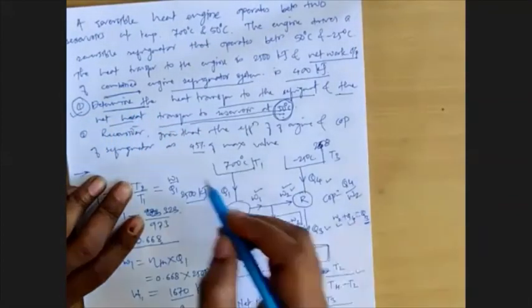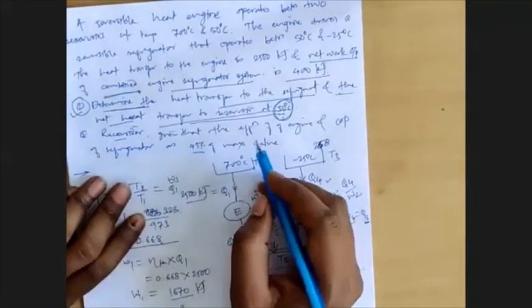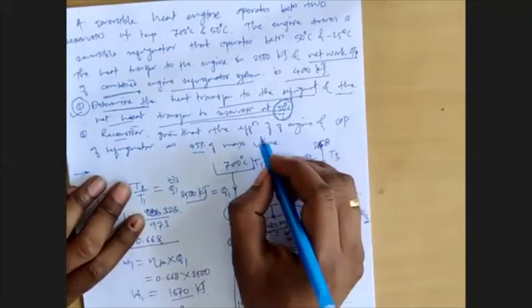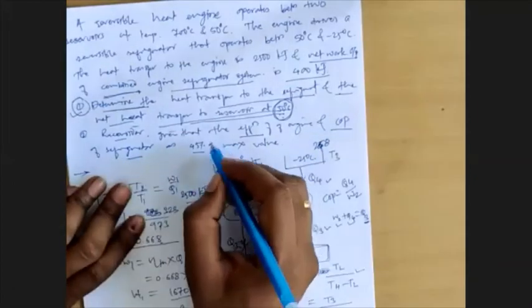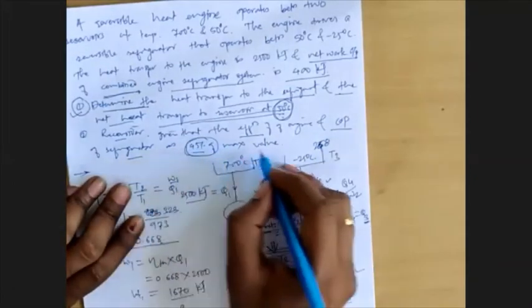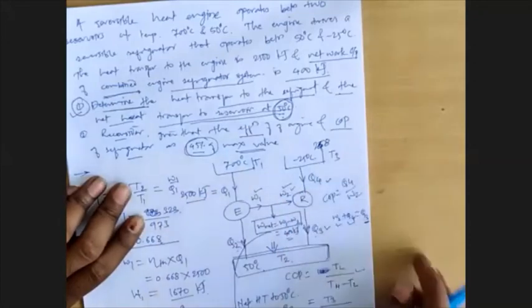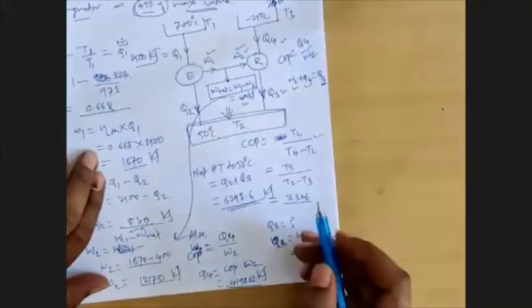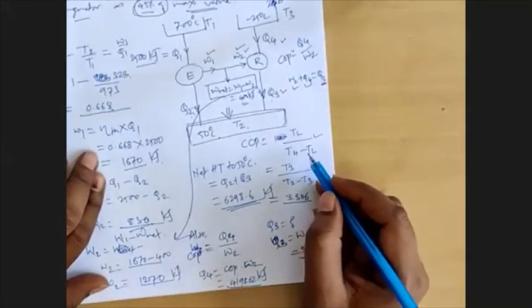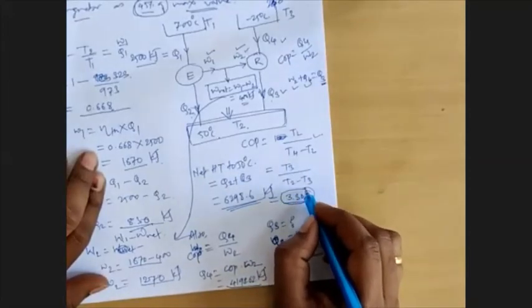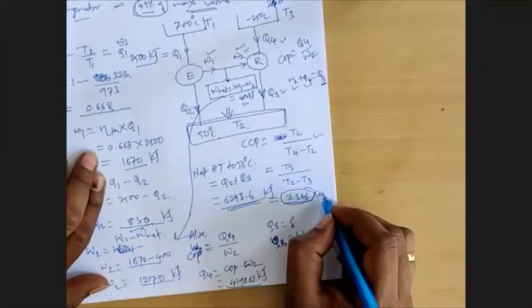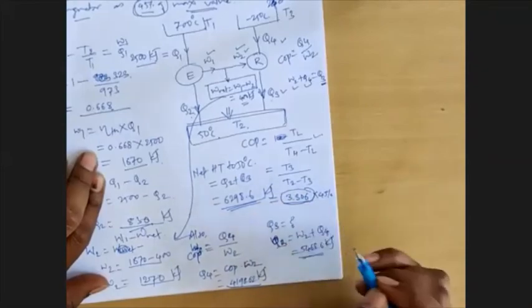Now, in case of part 2, we need to consider that the efficiency of the engine and the COP of the refrigerator are 45% of their maximum value. So the maximum values we have got are COP equal to 3.306, so we'll take 45% of this one.